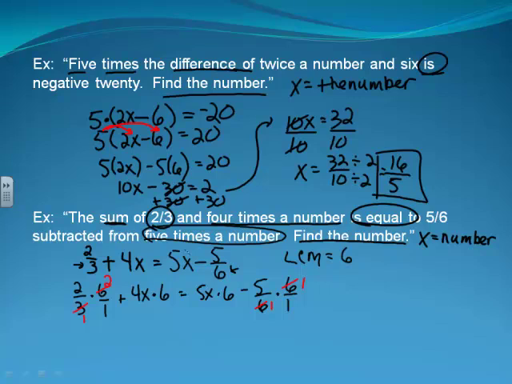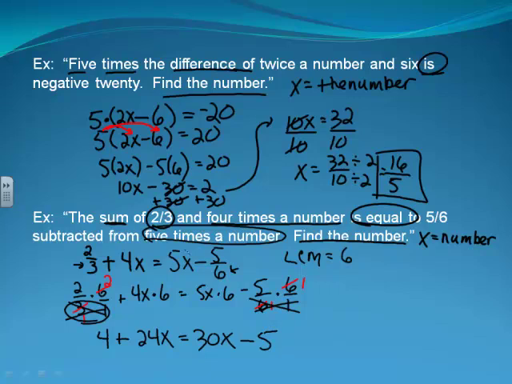So now, if all of your denominators have canceled out and you're left with a bunch of 1s, you can ignore them because anything divided by 1 is itself. So do the math up top. 2 times 2 is 4, plus 4 times x times 6 is 24x. That's equal to 5 times x times 6, which is 30x, minus 5 times 1 is minus 5.